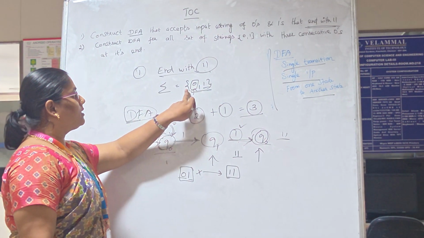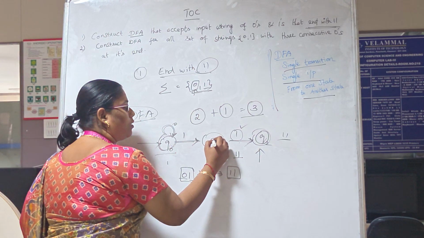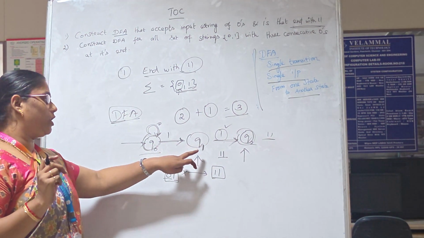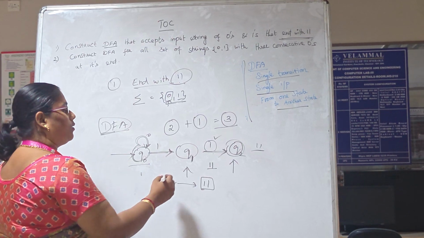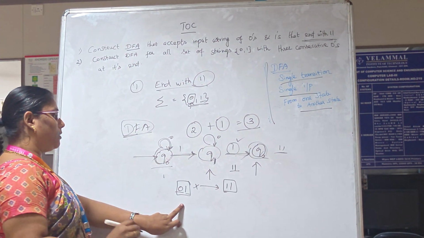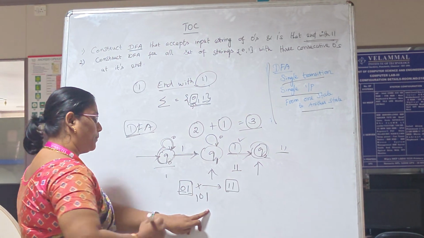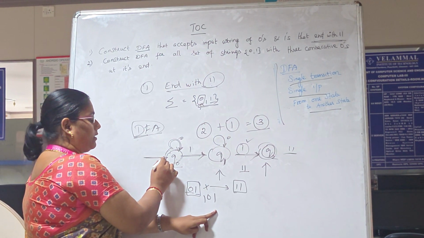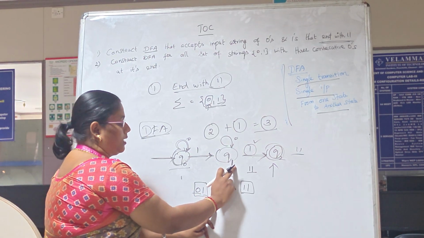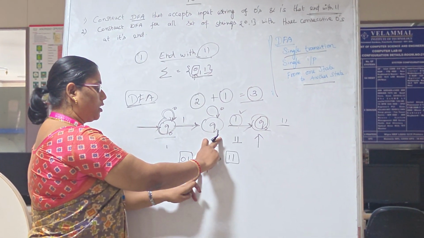Then next I have to consider 0. For 0, after reading 0, where should Q1 move? If I put a self loop, the same problem will occur. If I give 1 0 1 as input, Q0 will read 1 and change the state to Q1.